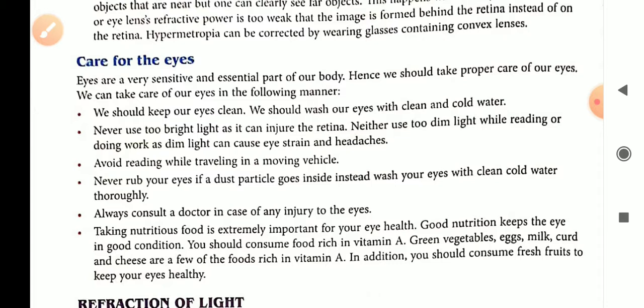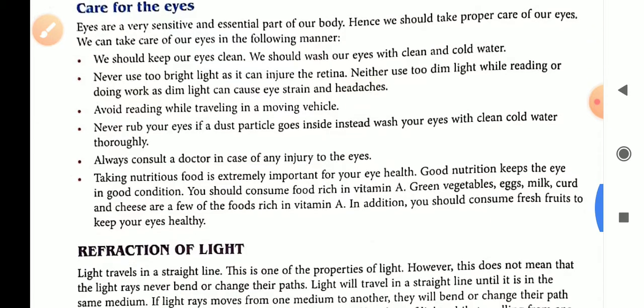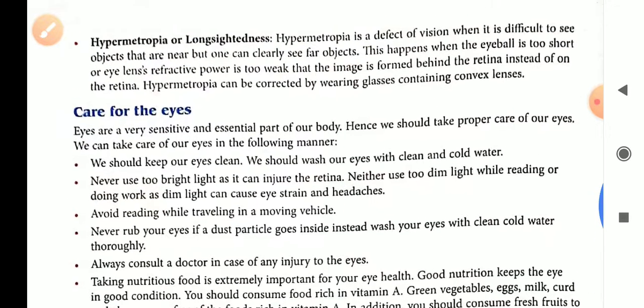Sometimes people are unable to see objects during the night, and this is due to lack of vitamin A in our food. In addition, you should consume fresh fruits to keep your eyes healthy. So, this is all about our eyes and their defects and how to take care of the eyes.